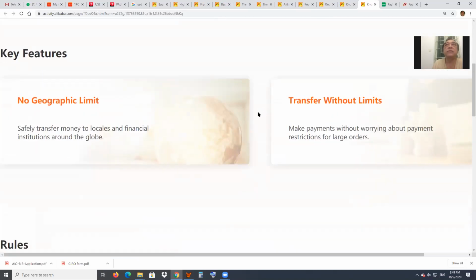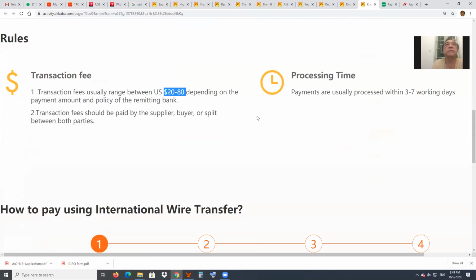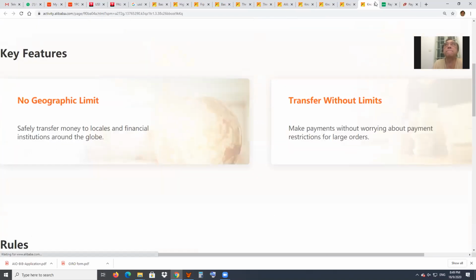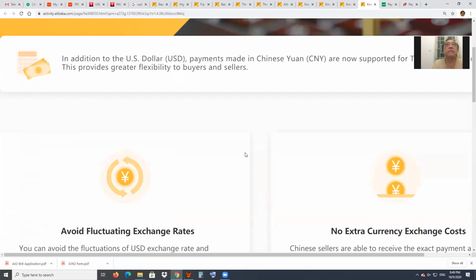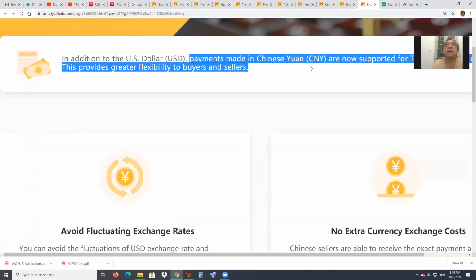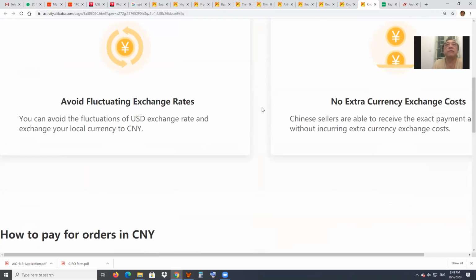Okay, the easiest is wire transfer. So they tell you what the rules are. There's a range. This amount you have to pay. In Singapore, it's about $40. Now they allow you to pay in Chinese yuan, renminbi.